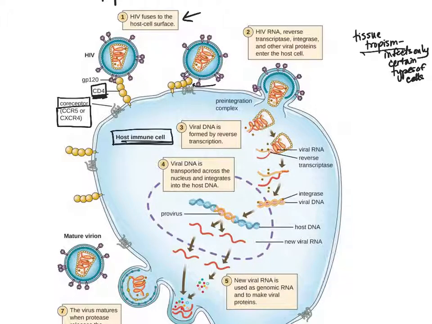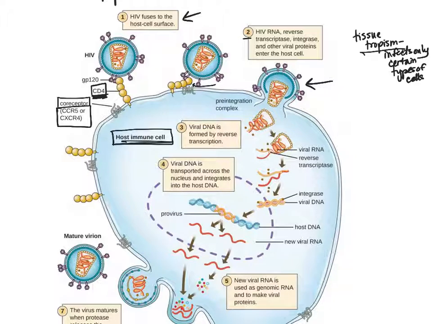So in step 2 here, we have the HIV RNA, our reverse transcriptase, integrase, and other viral proteins going to enter the host cell. And you can see that that's happening here. So if you think about our 2 ways of viruses entering animal hosts, which one is this? We had the two different ways, remember: endocytosis and membrane fusion.